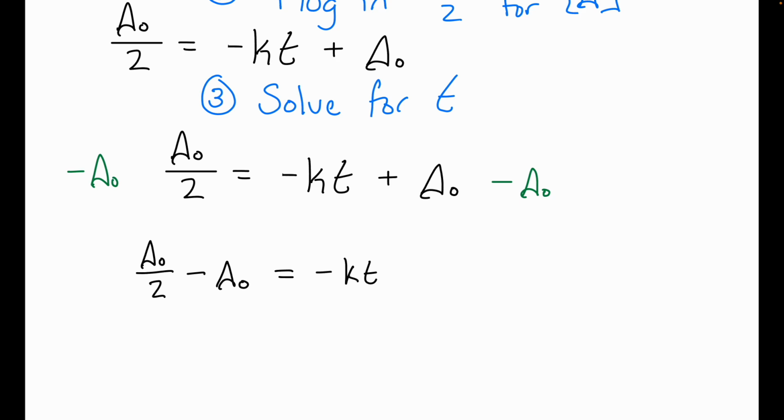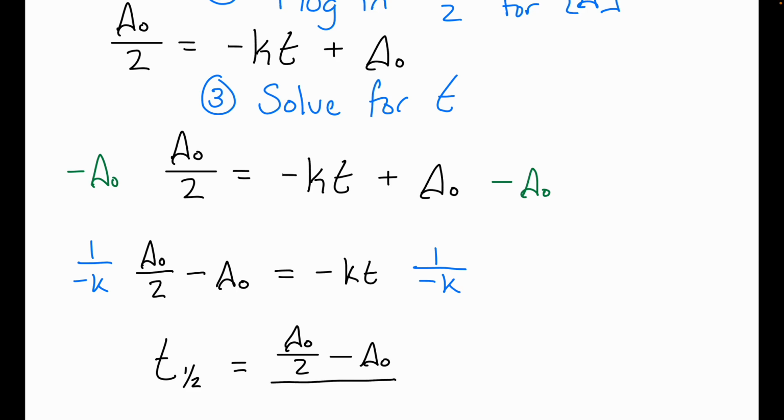So what are we going to do? Divide by that negative k. So we get our half-life, t 1/2 equals A naught over 2 minus A naught, all divided by negative k.